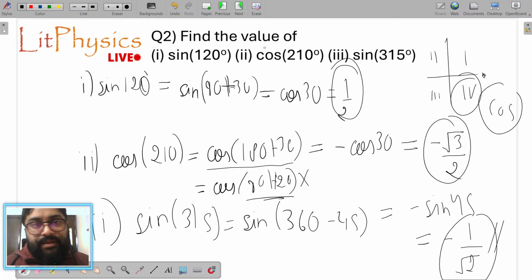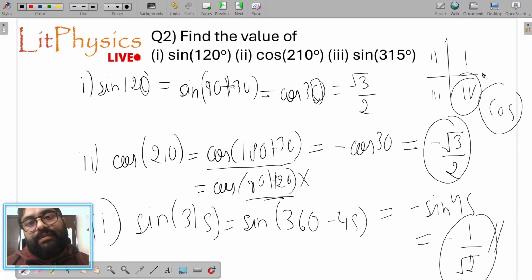Oh, sorry, I made a small error, please. Sometimes this happens. Thank you for telling me. So that we avoided this. Okay. So cos 30 is not 1 by 2. It's root 3 by 2. My mistake. I wrote the correct thing at the bottom and the incorrect thing at the top.